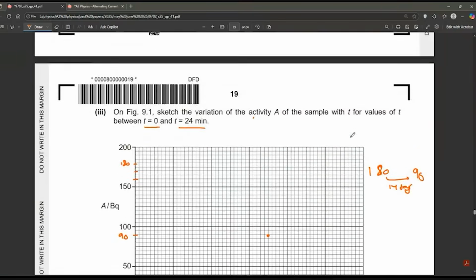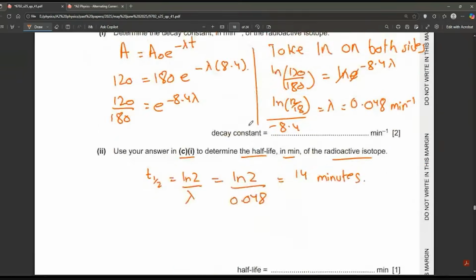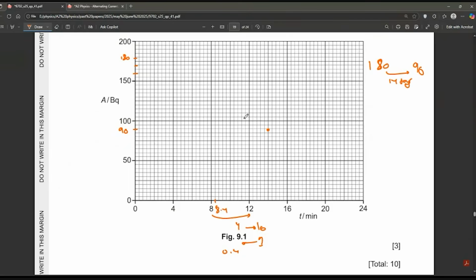And you also remember from the instructions here, at 8.4 minutes the activity is 120. So 8.4 minutes कहाँ पे होंगे? If this is 8, this is 12. You are covering 4 units in 10 boxes. एक box में कितने units होंगे? 0.4. So here is 8.4 minutes. At 8.4 minutes, you have this 120.